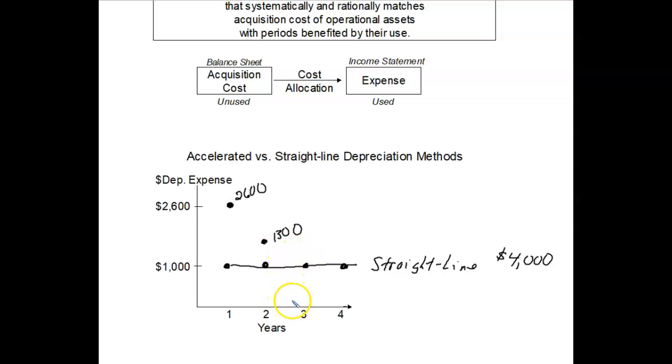And then the third year, clear down here like $100, and then that would be it. And again, that's an accelerated method. And again, I'm accumulating 4,000. If I had 2,600, 1,300, and 100, it'll add up to 4,000. And we can see it's got a very downward slope to it. That's an accelerated method.